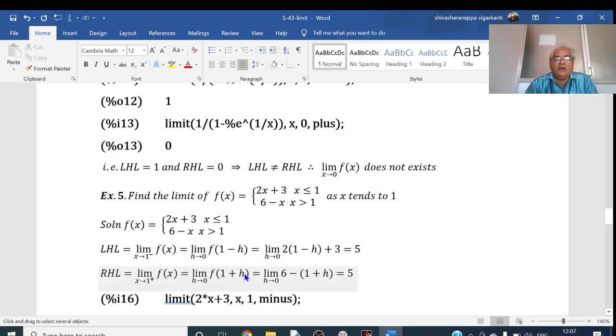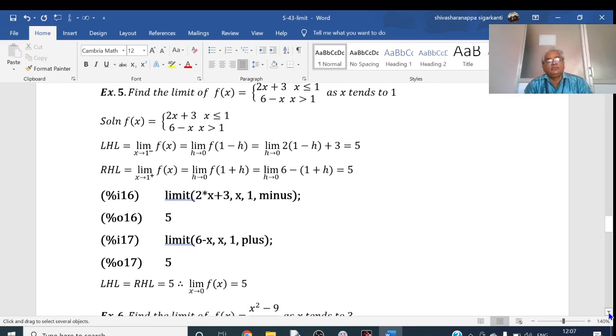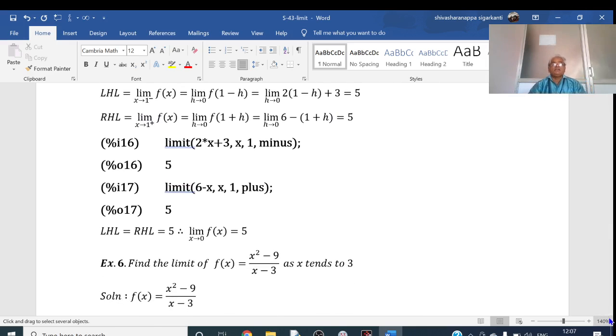As this is greater than 1, f of this is 6 minus 1 plus h. Now if I apply the limit as h tends to 0, this becomes 6 minus 1, which equals 5. So the left hand limit equals 5, and the right hand limit is also equal to 5. Both limits exist and they are equal. Therefore, the limit of the function exists and it is equal to 5.